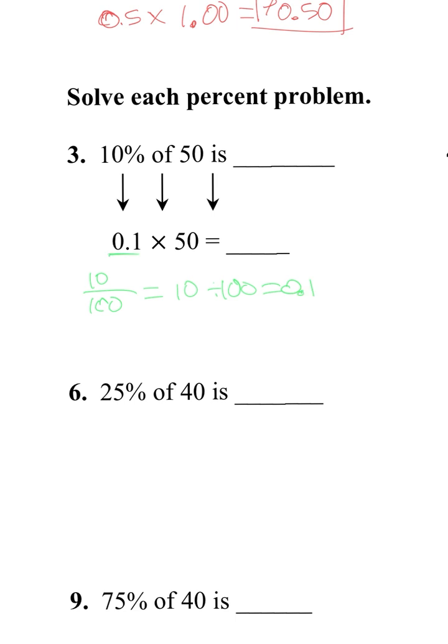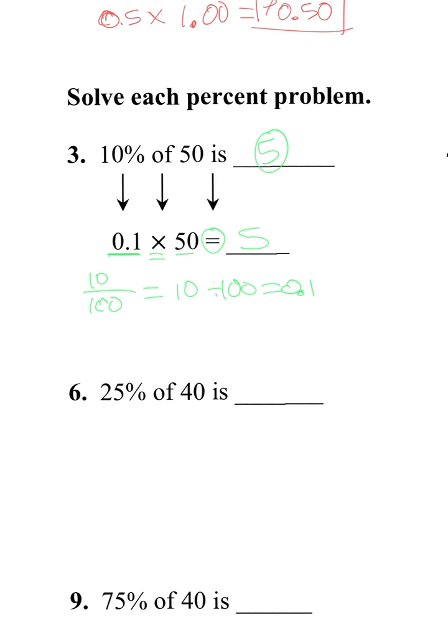Of means multiply. 50 is 50, and the word is is your equal sign. So on your calculator, go 0.1 times 50, and you should come up with 5. So 10% of 50 is 5.